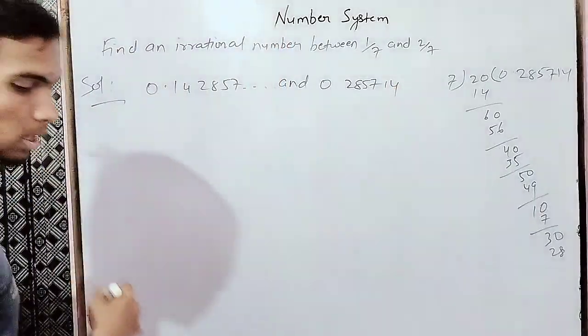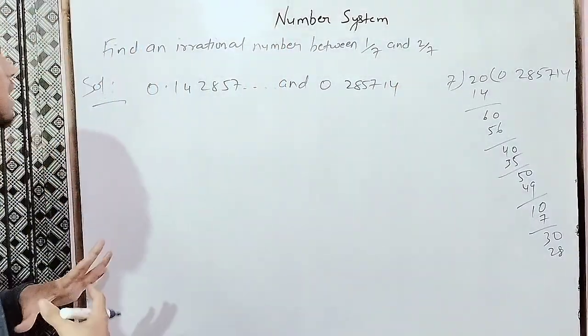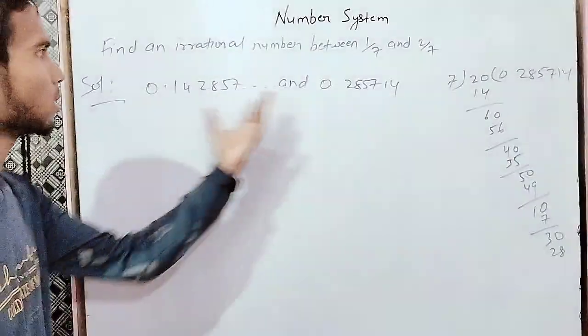Now you can find infinite irrational numbers between them.